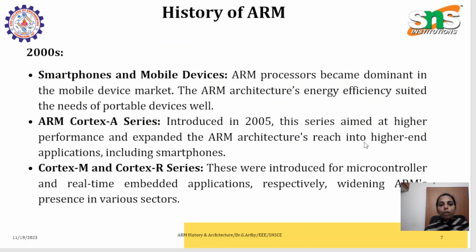Then later in 2000, it was fully used by smartphones and mobile devices. Then different versions of ARM are used for different applications. ARM Cortex-A, Cortex-M, and R series are used for different applications.